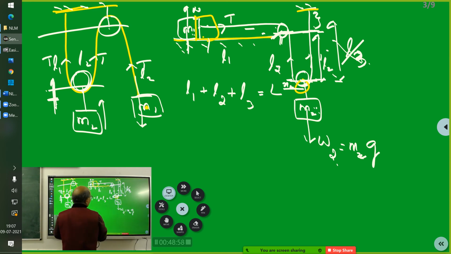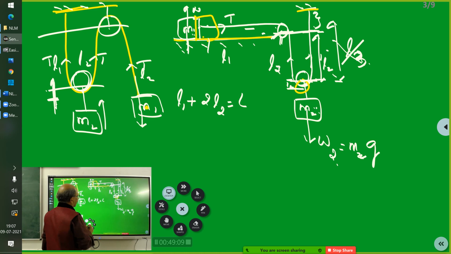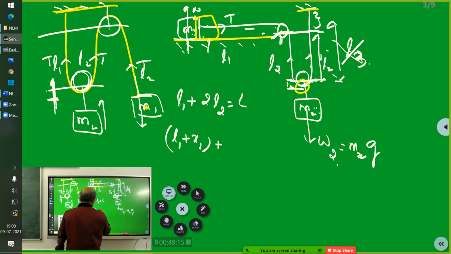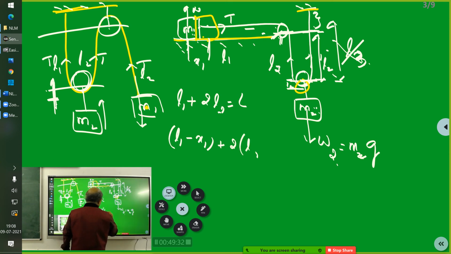With respect to that reference, I can jolly well write this as L1 plus 2L2 is equal to L. Now I can write L1 minus X1, because this will decrease by X1, plus 2 into L2, and this one would have increased by X2, is equal to still L.